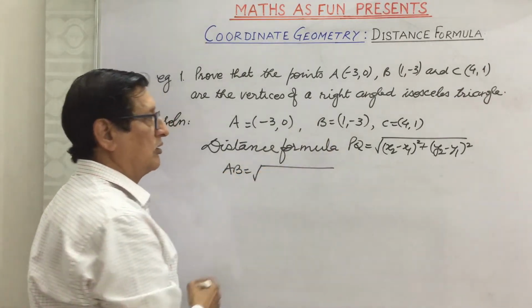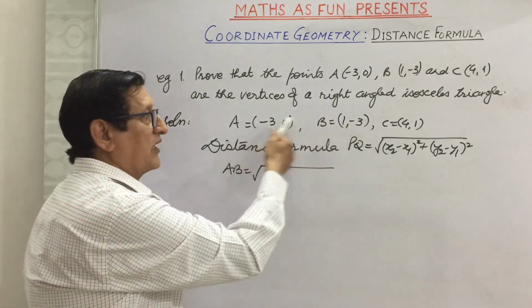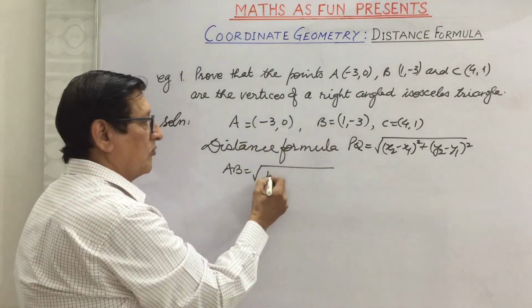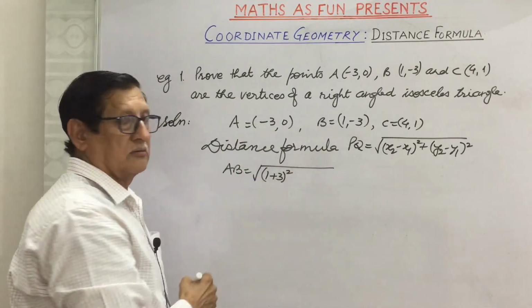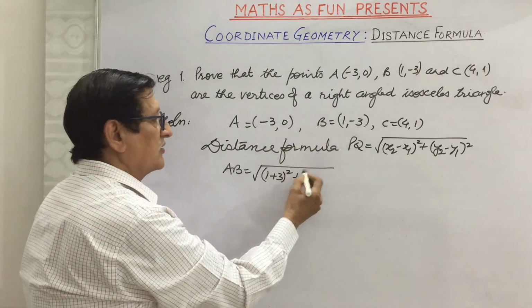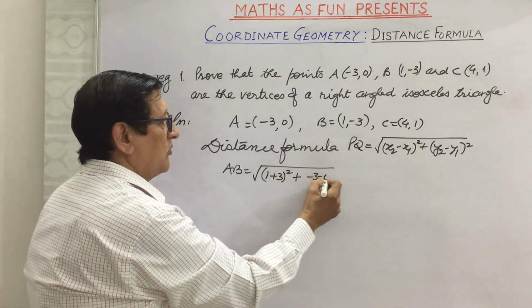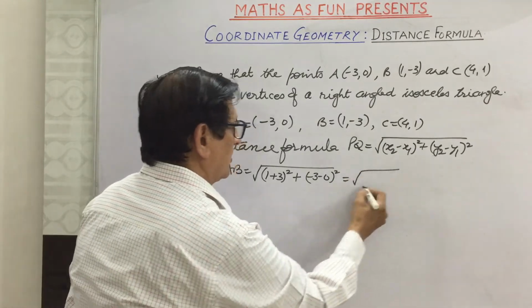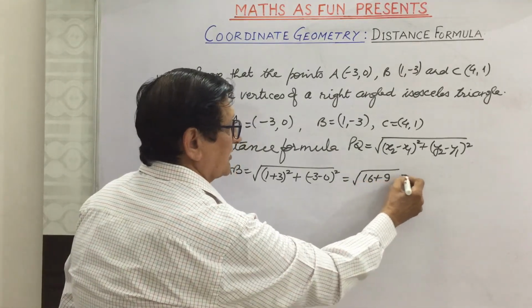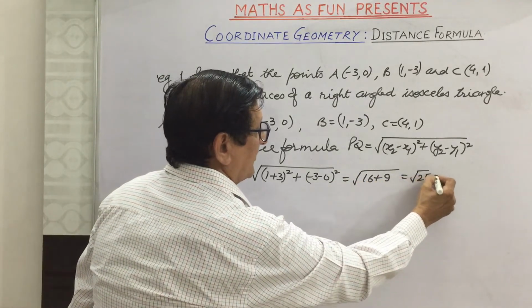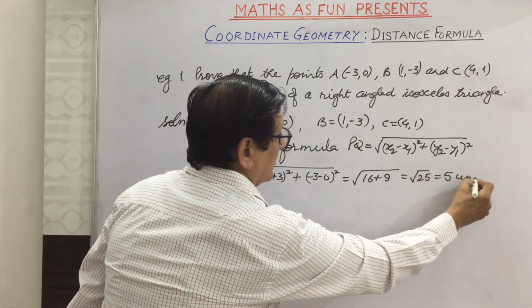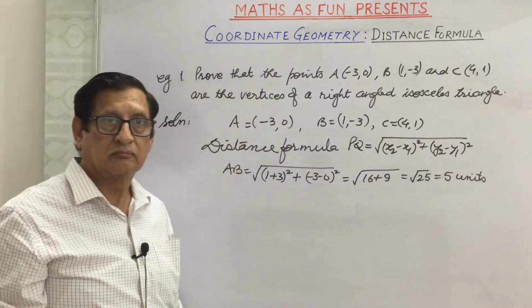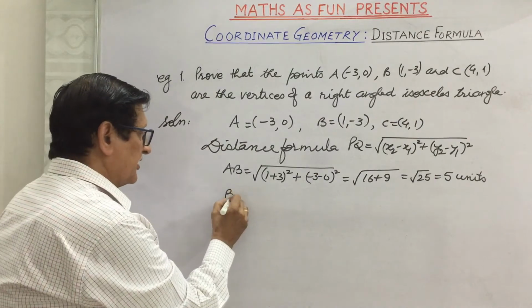AB will be root of (x2 minus x1), that is (1 plus 3) square, plus (y2 minus y1), that is (-3 minus 0) square, and that comes as root of 16 plus 9, it is root of 25, or we can say 5 units. Then we find BC.